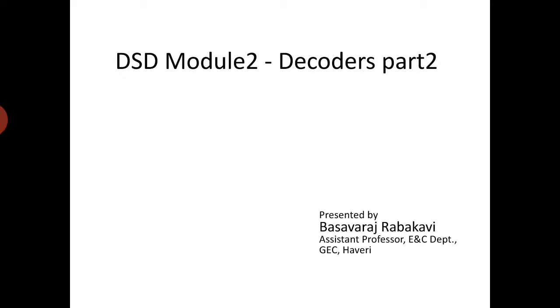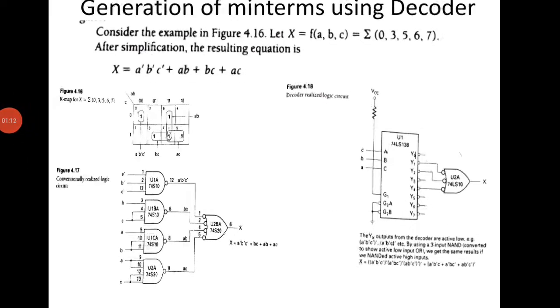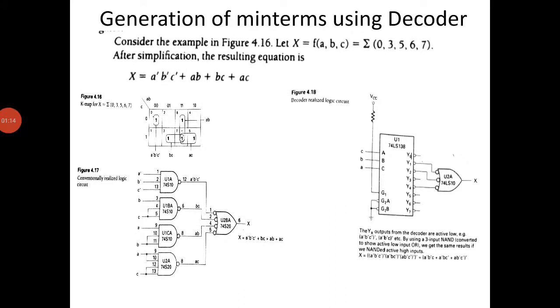Now let us move on to the next part of the decoder circuits. Already we know that digital design starts with a problem statement, then behavioral description, then block diagram, and then the realization of the block diagram, either by RTL code, or if you come to the hardware, we need to realize each block with logic gates or basic gates.